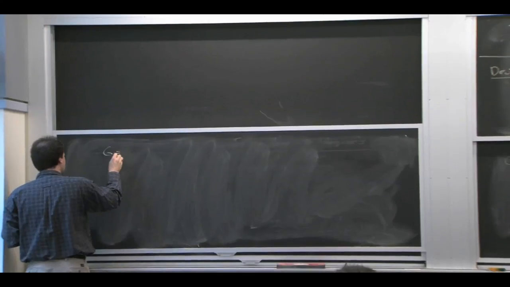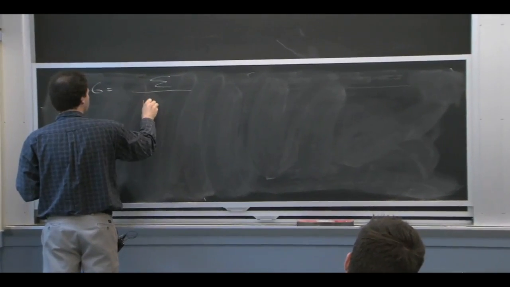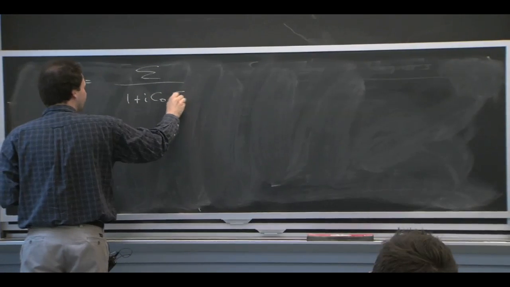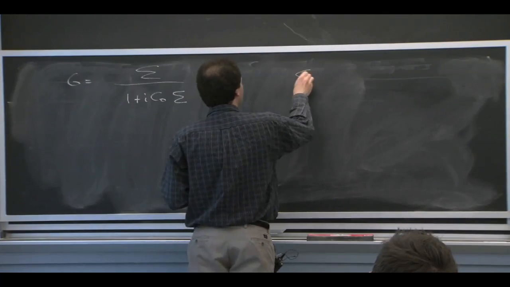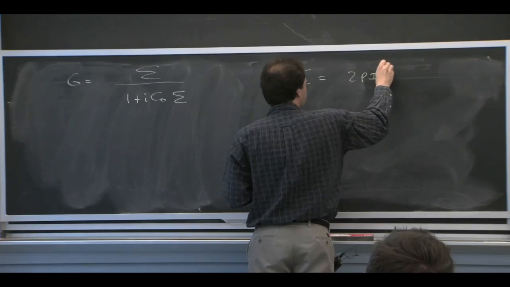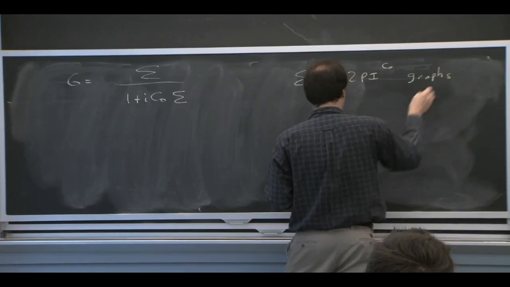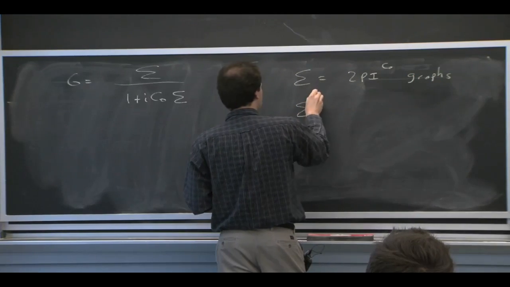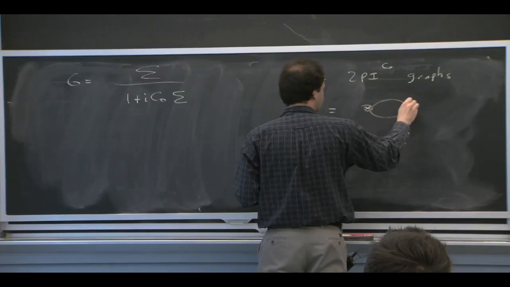Okay, so the Green's function starts with one of these and then just iterates into a geometric series where sigma I could define as two particle irreducible C0 graphs, so sort of taking out the C0 iterations. So the sigma 1 that I'm talking about here is just this bubble all by itself.